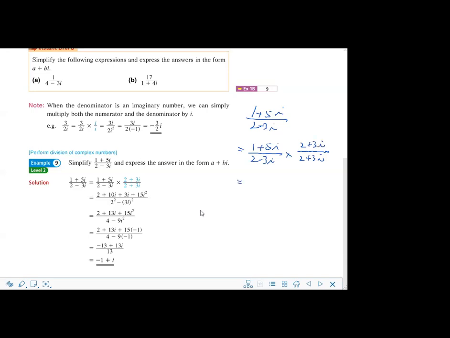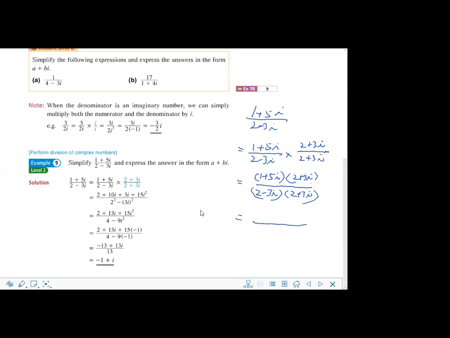Okay? And then when you multiply the two fractions together, you multiply their top parts together, you multiply their bottom parts together. Okay, and then for the top parts, these two brackets are not the same, are not related.